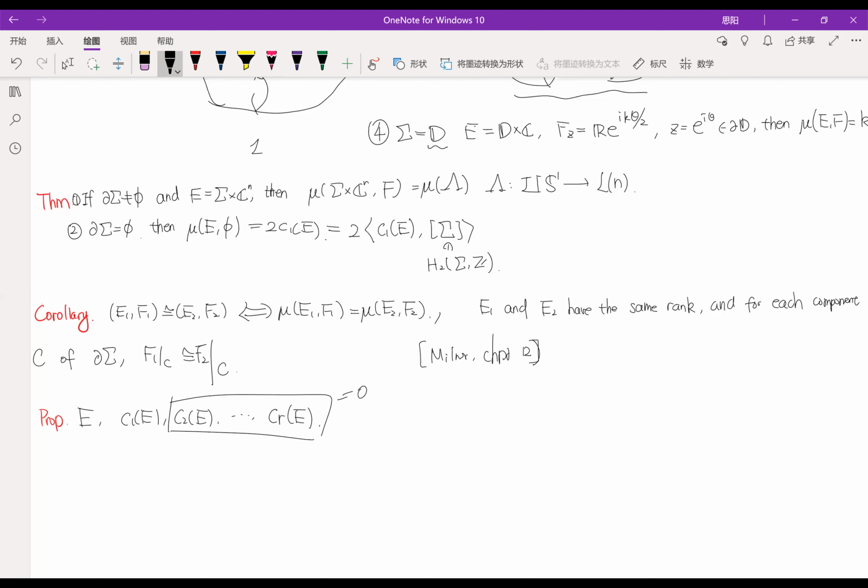So c_R(E) is the obstruction to a global frame of non-vanishing sections.